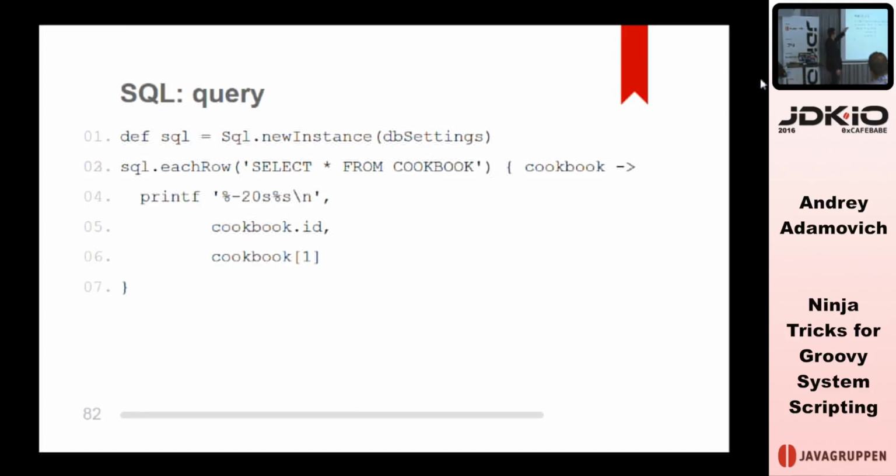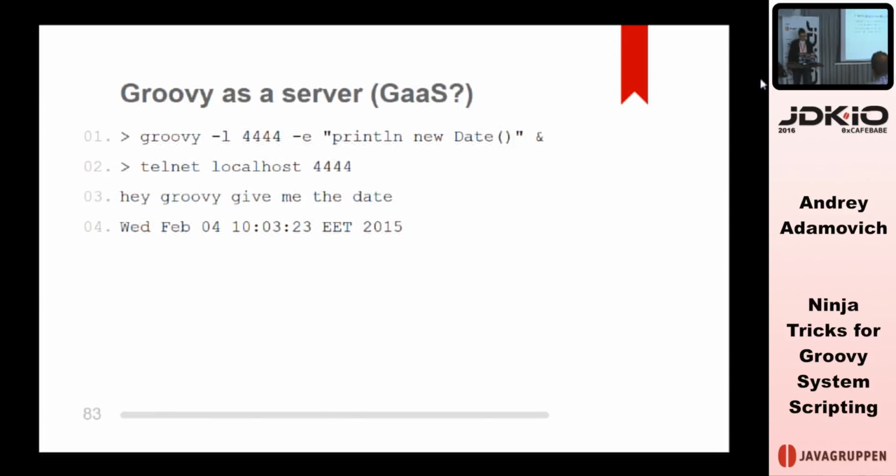And this Sql object provides different handy methods for iterating over the rows, giving you the actual row object, and you can also reference the fields inside the object by using a simple notation like that. So transforming from a database query to XML in Groovy would be very easy because of this kind of syntax.